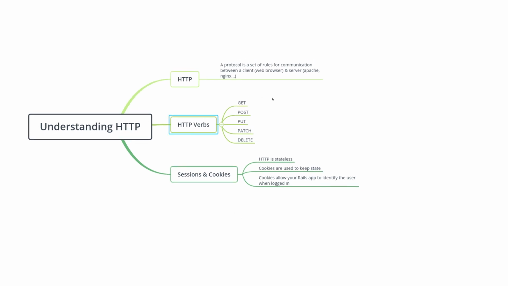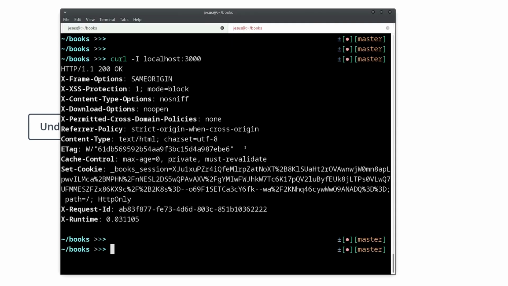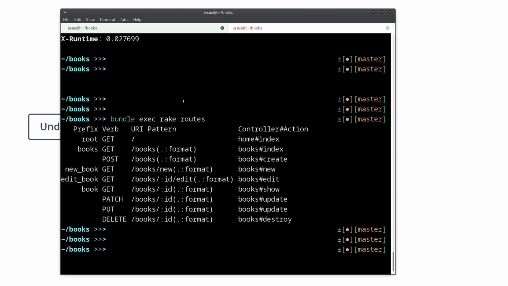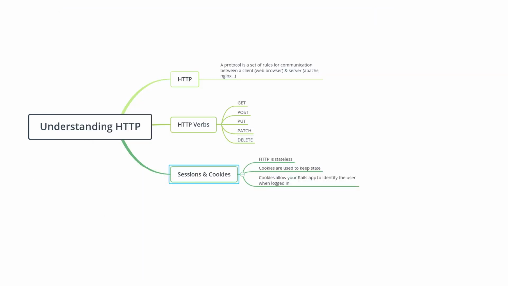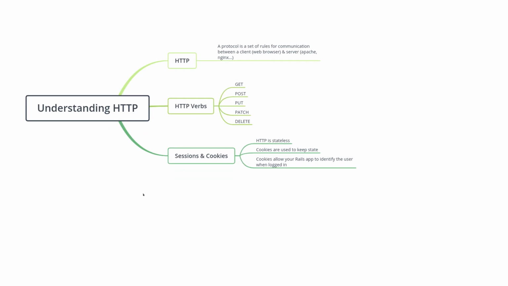And these match directly to Rails routes. So you can run rails routes and see the verb column. And finally, we have sessions and cookies, which is how we identify the different users of your application and how we log in and log out users.